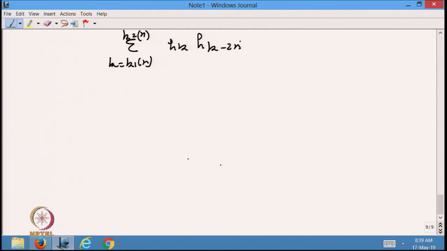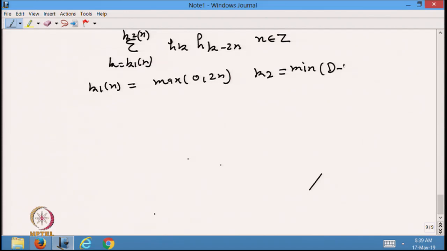H k minus 2n, n belongs to Z, where k1 will become maximum of 0 and 2n, and k2 will become minimum of d minus 1 and d minus 1 plus 2n.